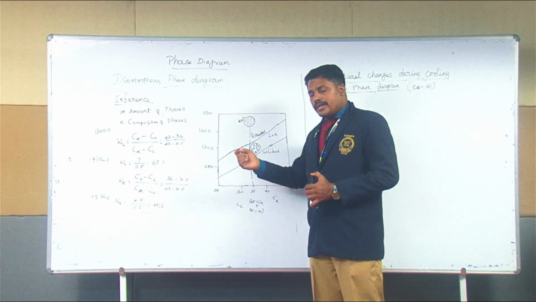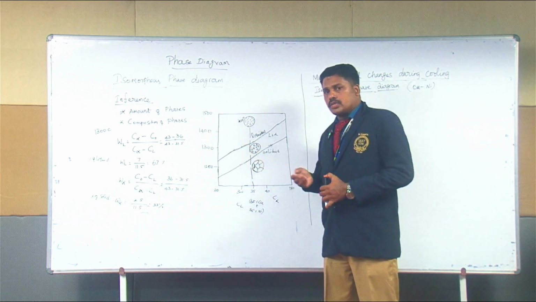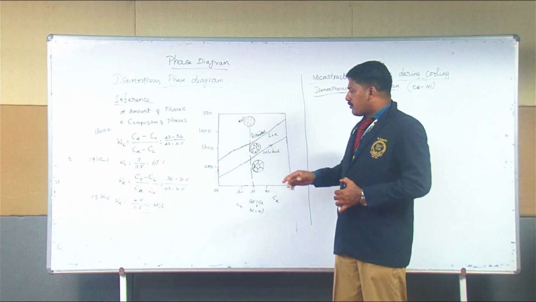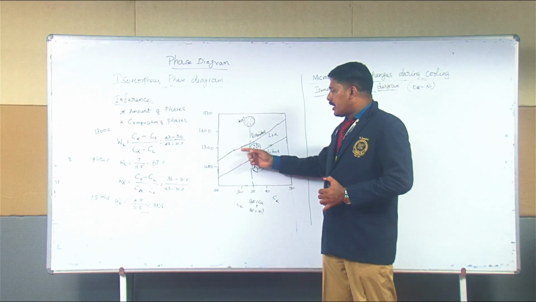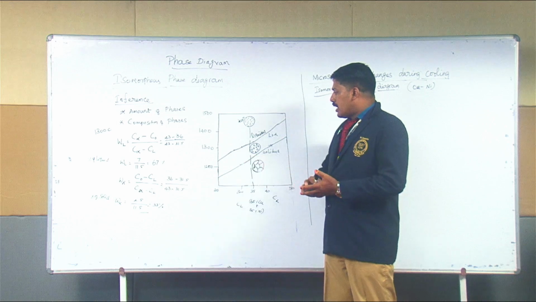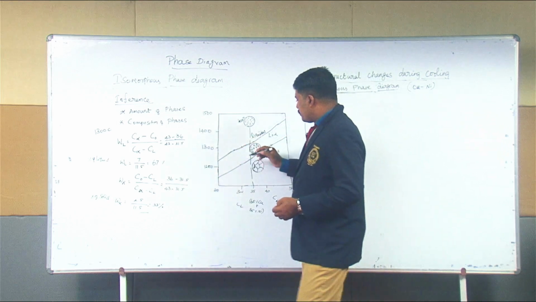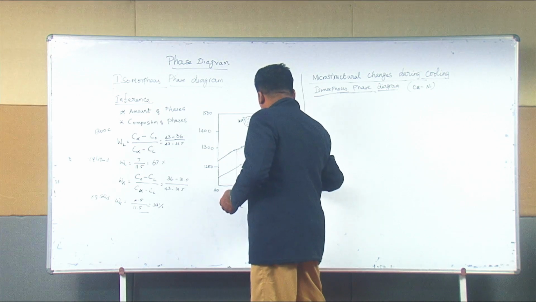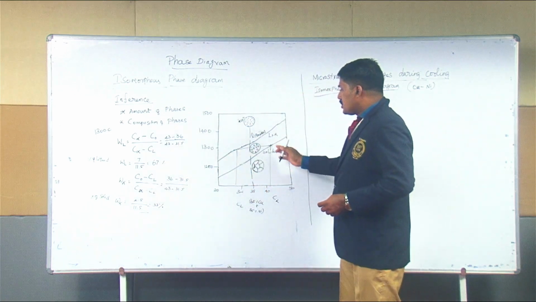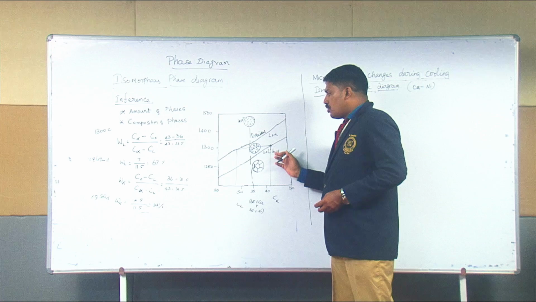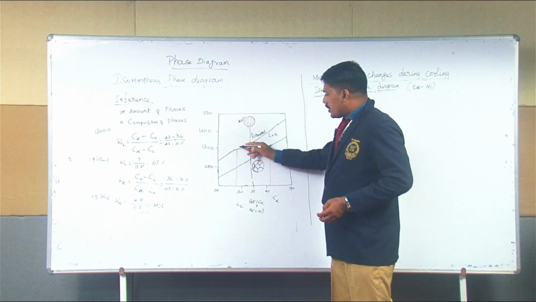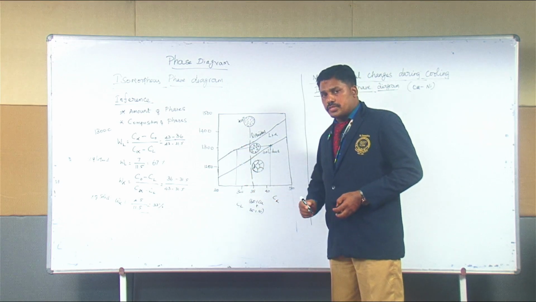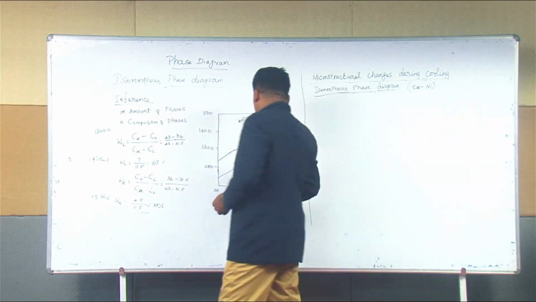A tie line is nothing but a horizontal line we draw between the boundaries at a specific temperature. This isothermal line intersects two opposite boundaries, and then we draw a vertical line from the boundary to the composition axis.